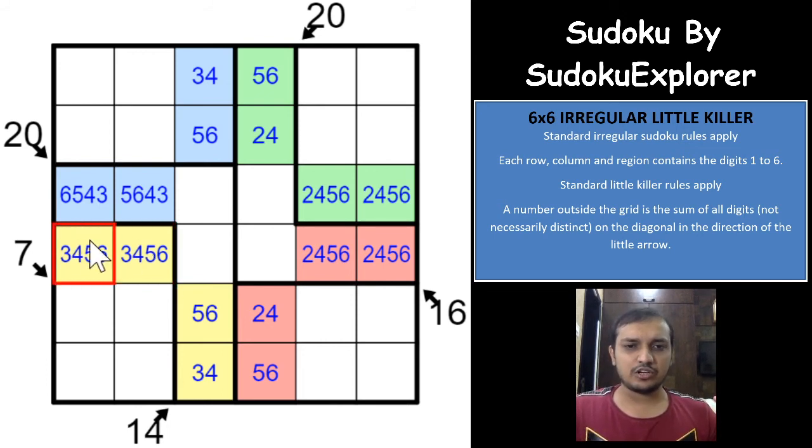That we have already seen. But if you have a 6 in one of the blue cells, you can make sure that the yellow cells would have to have 5 and 3, because we know that the sum of these 2 digits would have to be 9. So if the upper 2 cell is 6, then the lower 2 cell would have to be 3, because then only you can make the sum as 9, right?